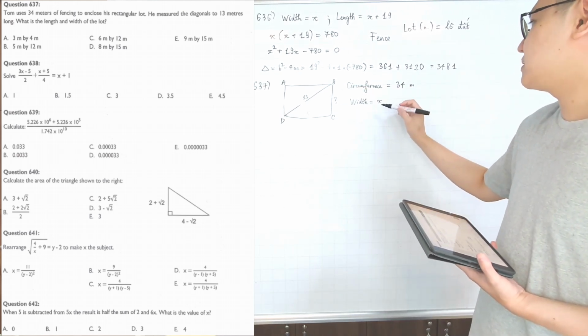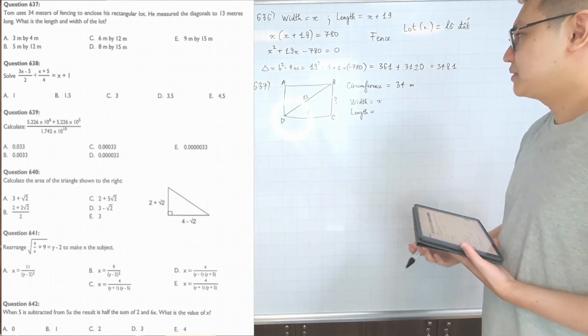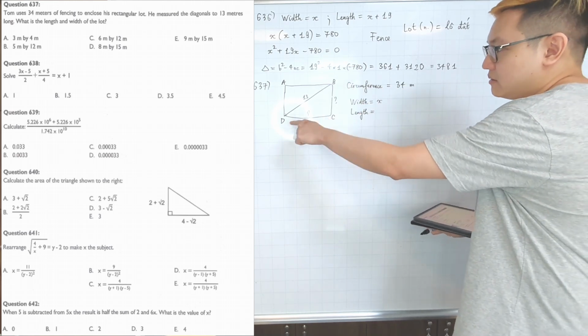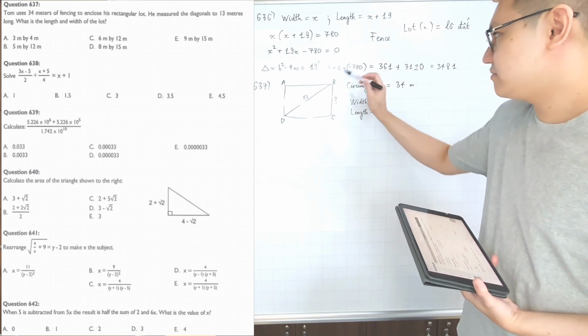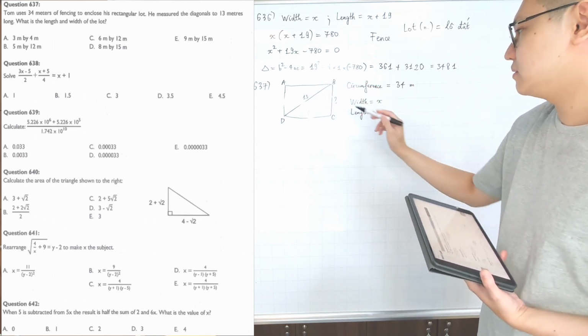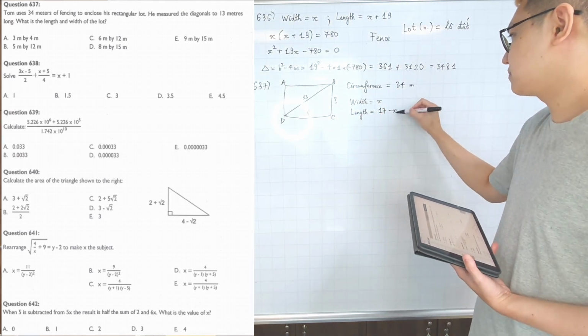So what is the length? Nó sẽ là cái circumference này chia đôi xong rồi trừ cho cái x này, right? The length will be the circumference divided by 2 because it's the same here. So 17 minus x.